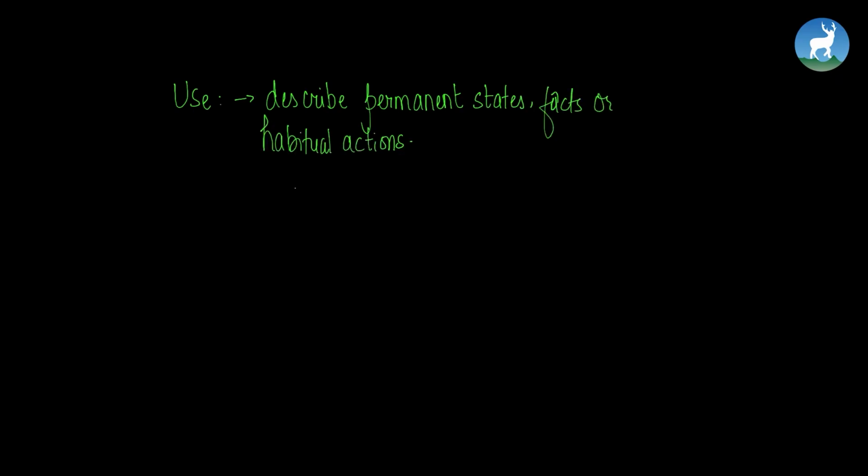Like I just explained, the use: it's used to describe permanent states, facts, or habitual actions, right? It's basically about explaining the condition of someone or something at the present time.